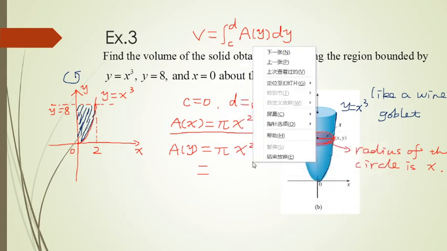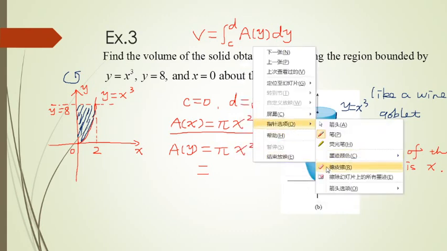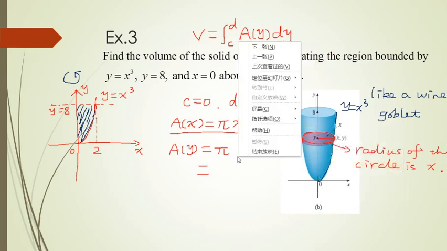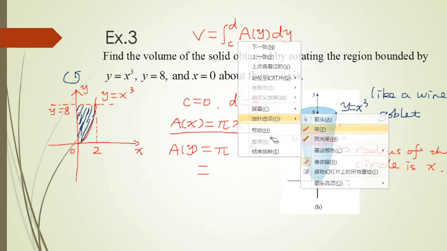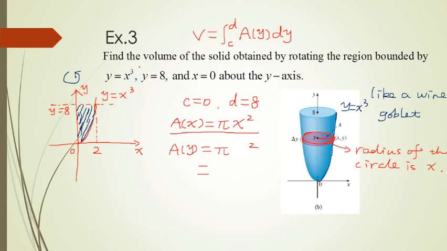Sorry, it's still pi x squared, right? But what is my x?